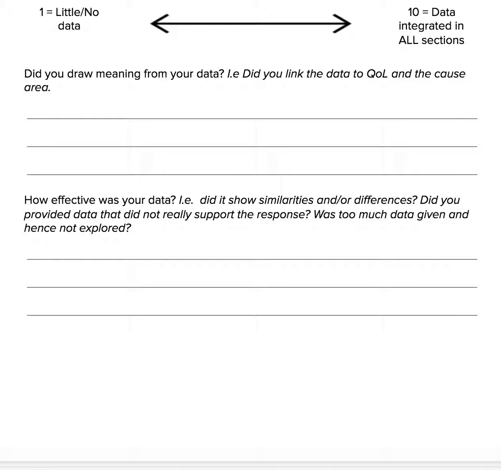So it's really important that when you look at participation, you're looking at how many people are willing to work, how many people are working, when compared to what we call the working age population. So that's probably something where people were giving data and it actually didn't help. It wasn't effective. Did you give too much data and therefore you didn't actually explore it? You need to come up with these statements and these reflections yourself. So have a go at all of this now.